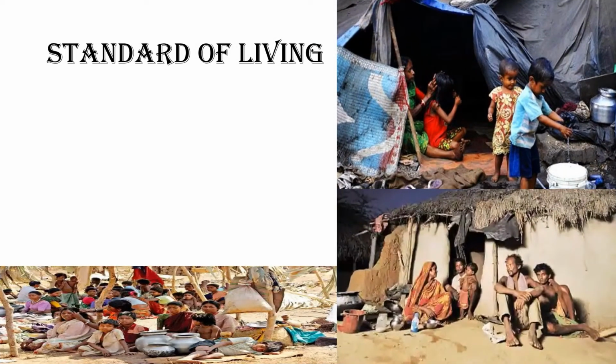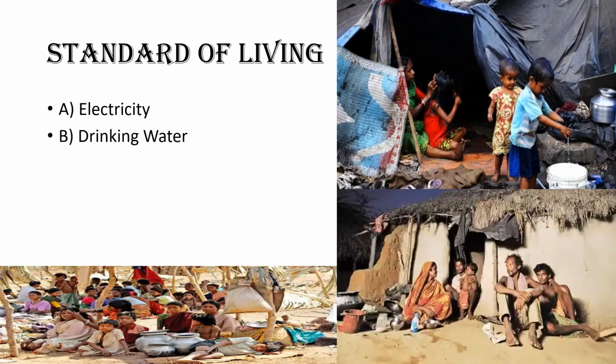The third dimension of the Multidimensional Poverty Index is the standard of living, and it has the following indicators. Number 1, electricity. A household is said to be poor if they don't have access to electricity at their households. Number 2, drinking water.